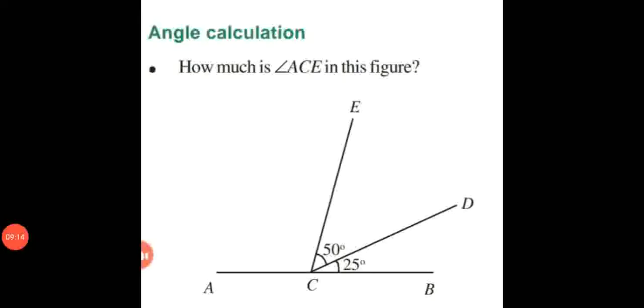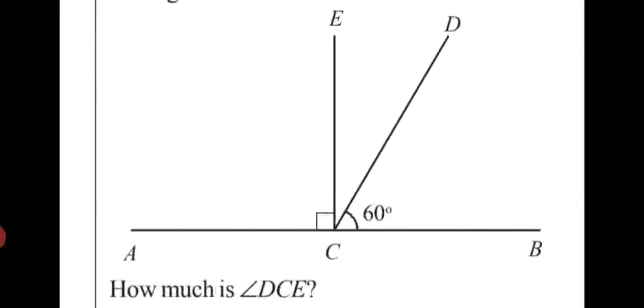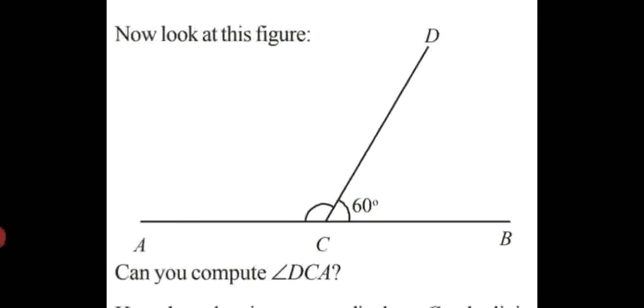Now there are some works for you. One is, how much is the angle ACE in this figure? Two angles are given, the third angle you have to find out. How much is the angle DCE? Two angles are given, then the middle angle you have to find out.